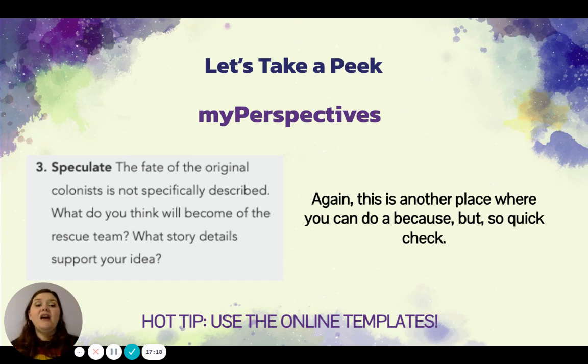Having them use because, but, or so is a great way to have them summarizing those ideas that they're getting from the text, and then they can cite their textual evidence to follow that. Using those words is a great way to do a quick check with your students. Again, use the online templates.